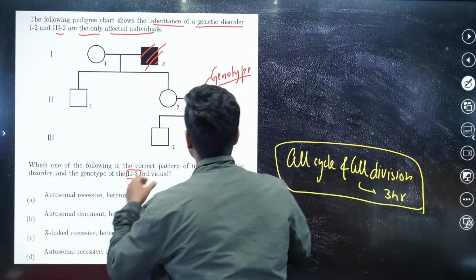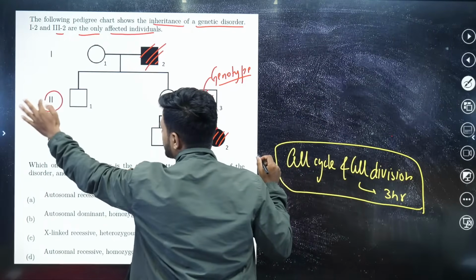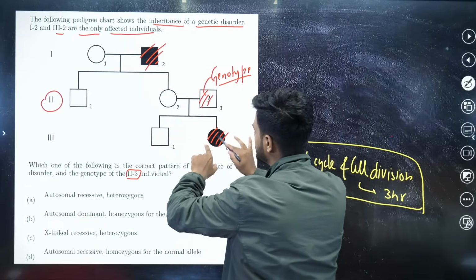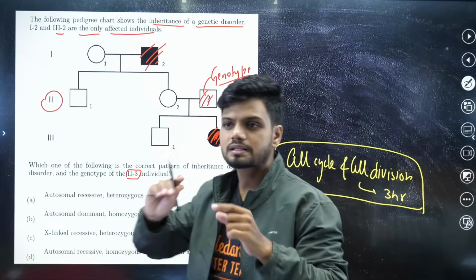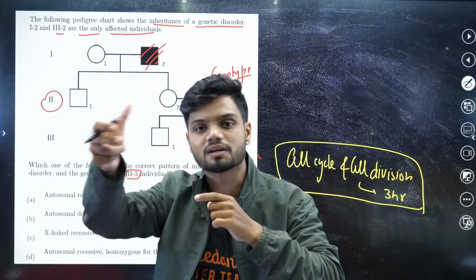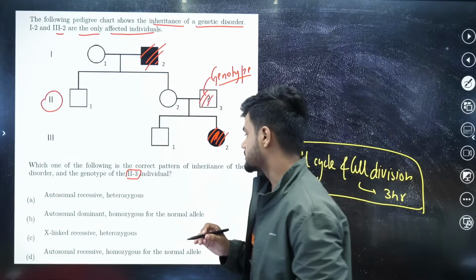See here, in this generation disease is there. In the second generation, do we have any disease? No. In the third generation, we have a disease. Since this disease is skipping generations, can I say it is autosomal recessive? Yes, it is autosomal recessive.